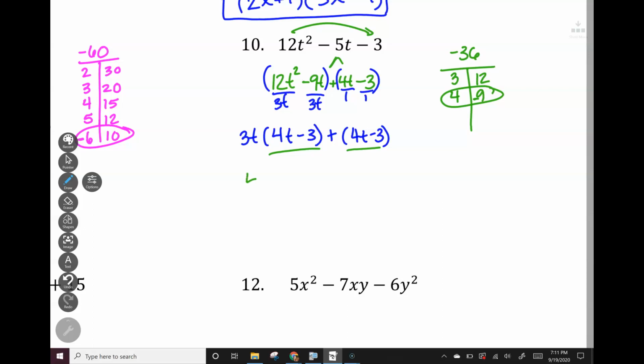Probably doing something right. 4t minus 3. And what would be left, putting that 1 there, is 3t plus 1. So you do need to include that 1 as part of your second term. It's not just 3t plus 0 or just 3t. It is 3t plus 1.